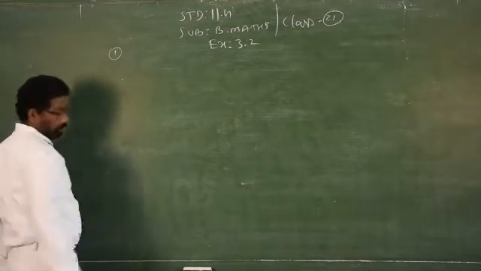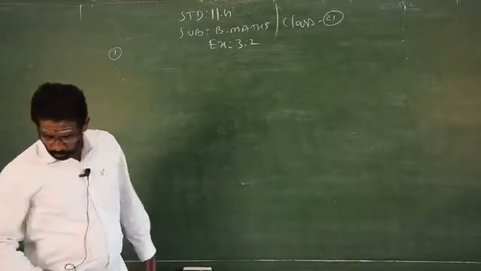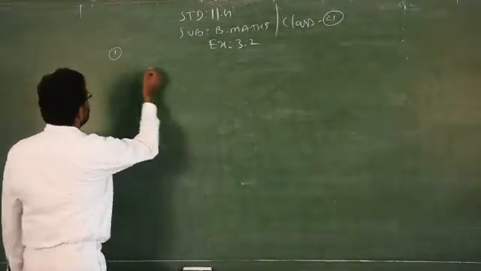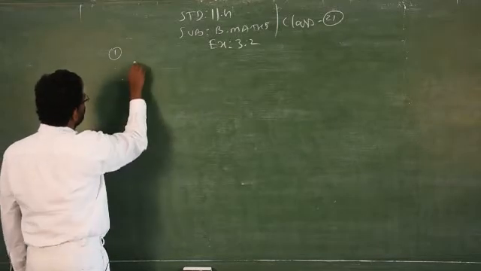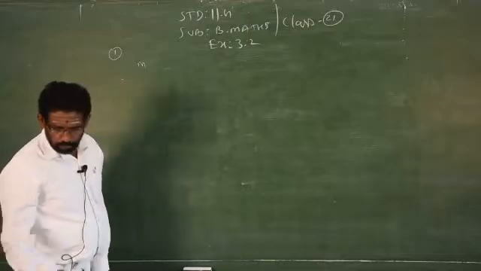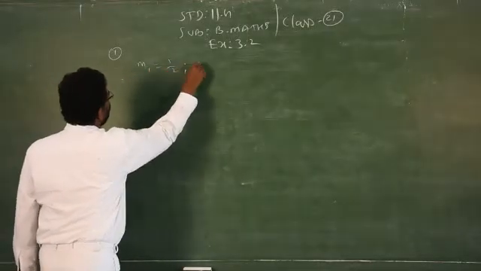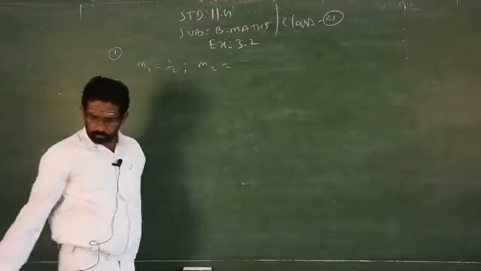Sum number 1. Find the angle between the lines whose slopes are 1 by 2 and 3. Just remember the slopes are always denoted by m, that you studied earlier in 10th standard. Two slopes are given, so consider the first slope as 1 by 2 and the second as 3.